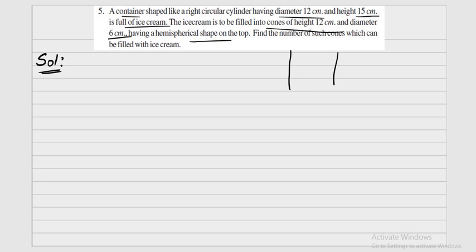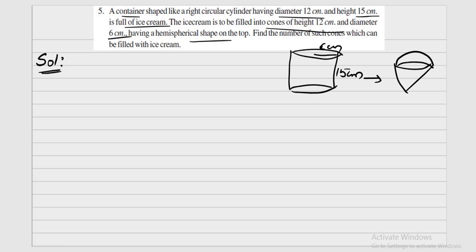From this, you can understand that the given ice cream is present in a cylindrical vessel, which has radius 6 centimeters and height 15 centimeters. This ice cream has to be filled into cones, which are in the shape of a cone with a hemisphere on its top. So how many such cones are formed?